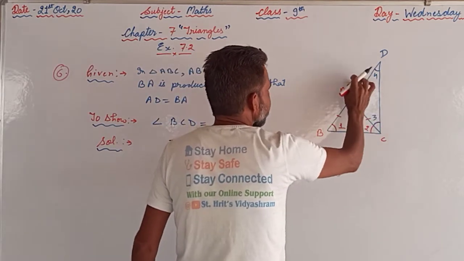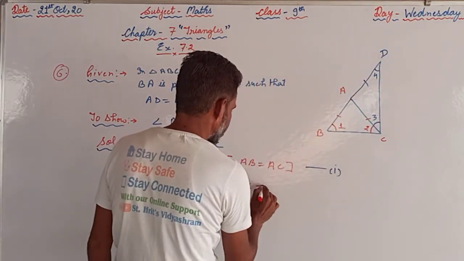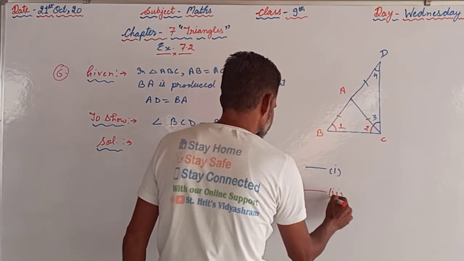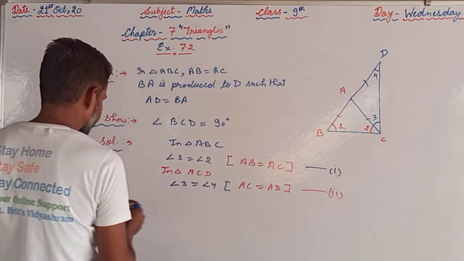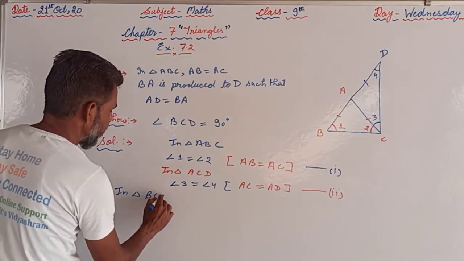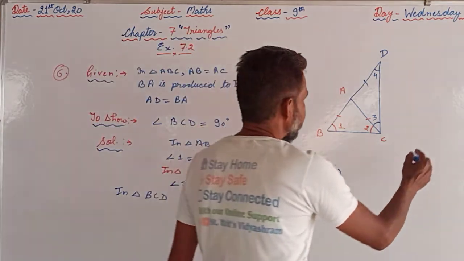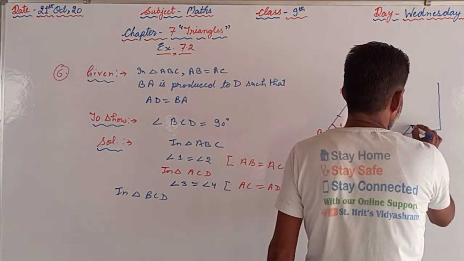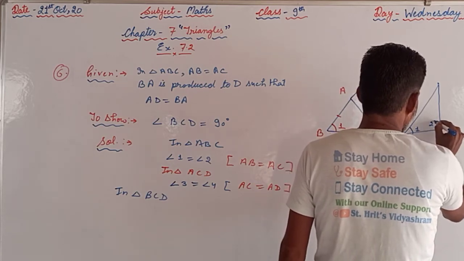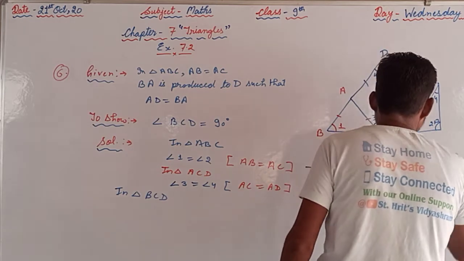Because AC is equal to AD, and that is equation 2. Now in triangle BCD, if BCD is the triangle, means like this, this is angle 1 and this is angle 2 plus 3 and this is angle 4.